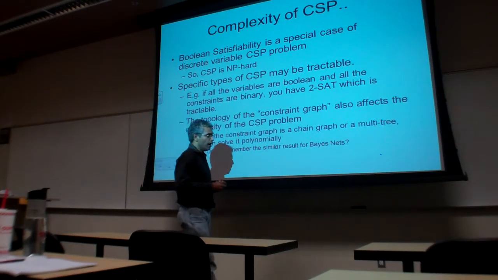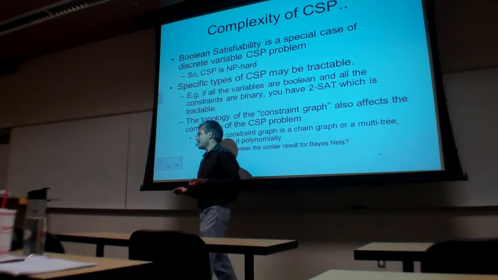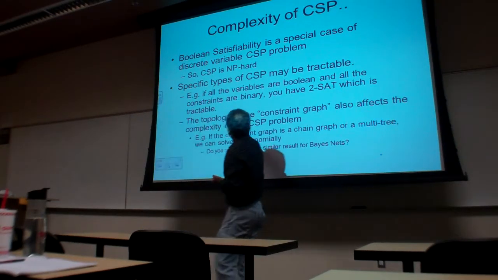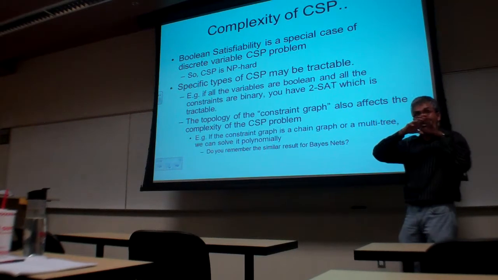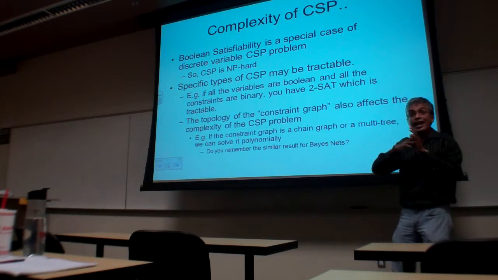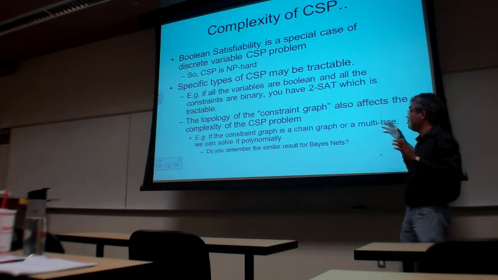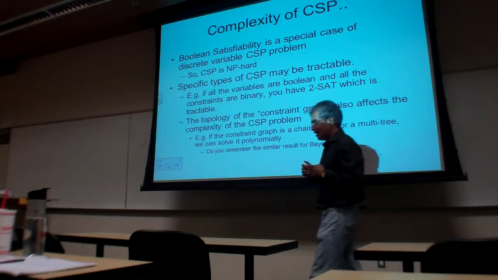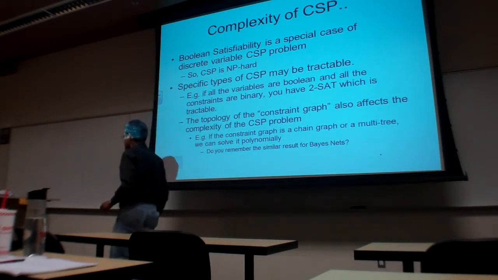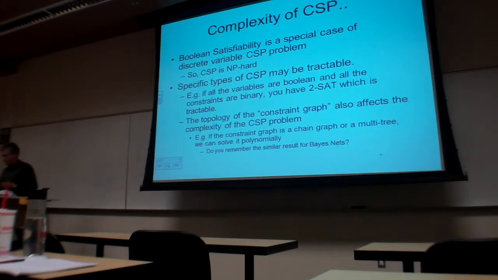Okay. Now, what's more interesting is that if the topology of the constraint graph turns out to be either a chain, or a singly connected tree. Okay, they call it a multi-tree, but essentially you have things like this.